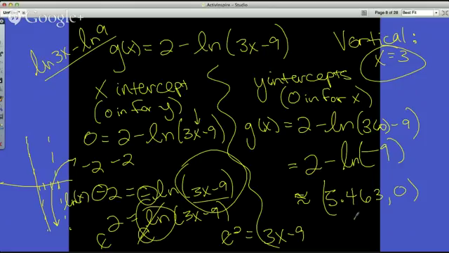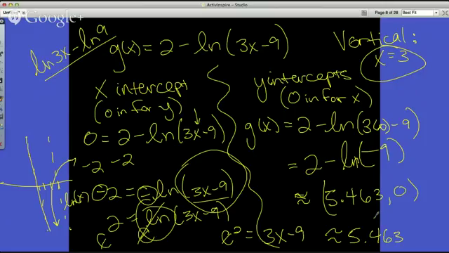Yeah, you could do that. And then what would you do once you found e squared? And I have to divide by 3. Bingo. Nicely done, Trey and Chris. And that'll give you in total 5.46. 5.463. 5.46. Now, actually, they're one and the same, aren't they? Did we do one and the same? Mhm.